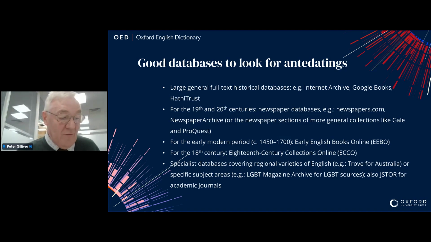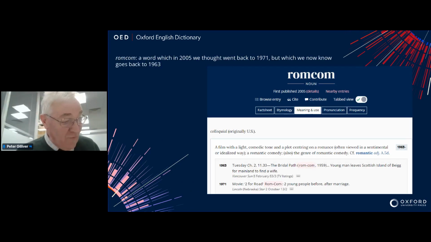Sometimes it's simply a case of realizing that a word is older than we thought. For example, when we first published an OED entry for the word rom-com, the earliest evidence we could find was from 1971, but subsequently another of our regular contributors sent in an example from a Canadian newspaper of 1963. Sometimes the earlier-than-we-thought phenomenon can be much more dramatic.